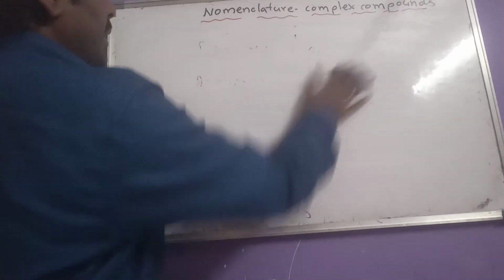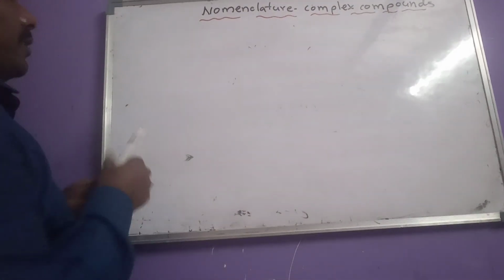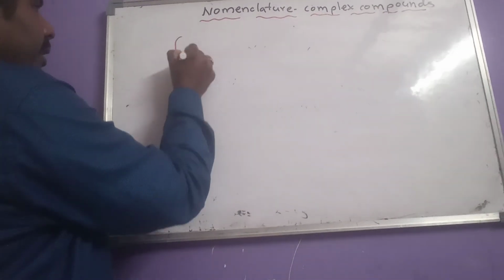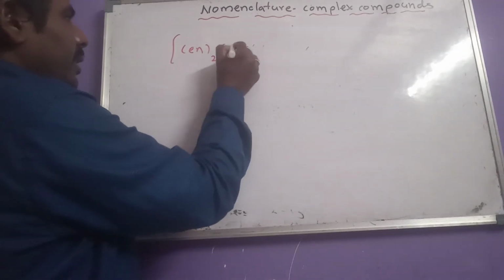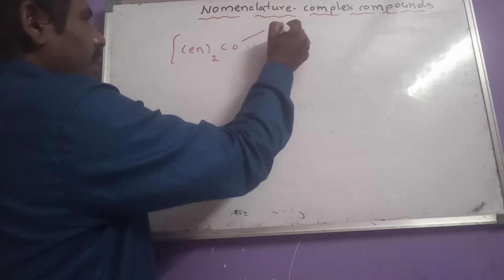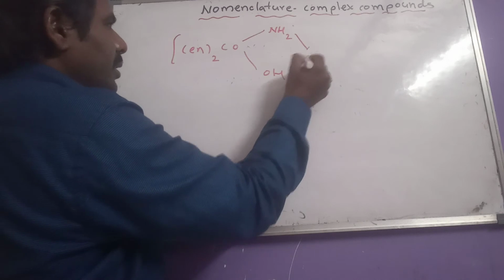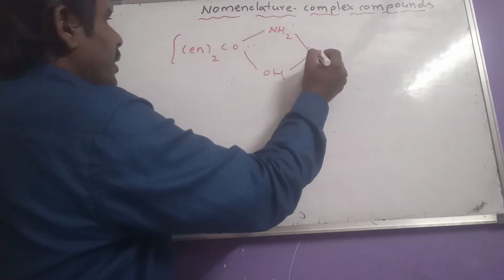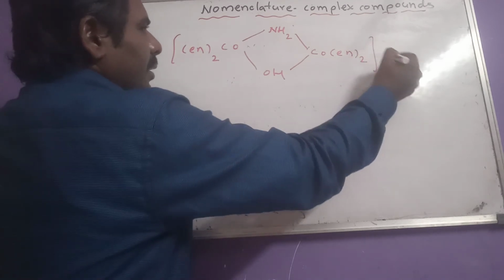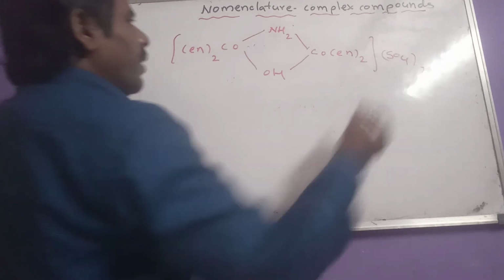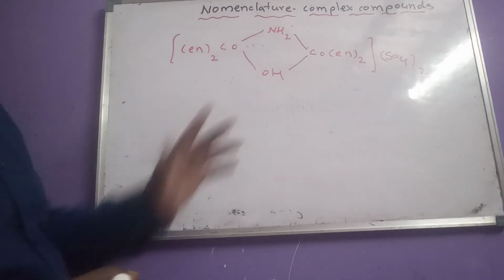So now let us see such type of example here. Consider en taken twice, Co, NH2, and here OH, and here again Co, en taken twice, SO4 taken twice. So this is the example for a bridge complex compound.